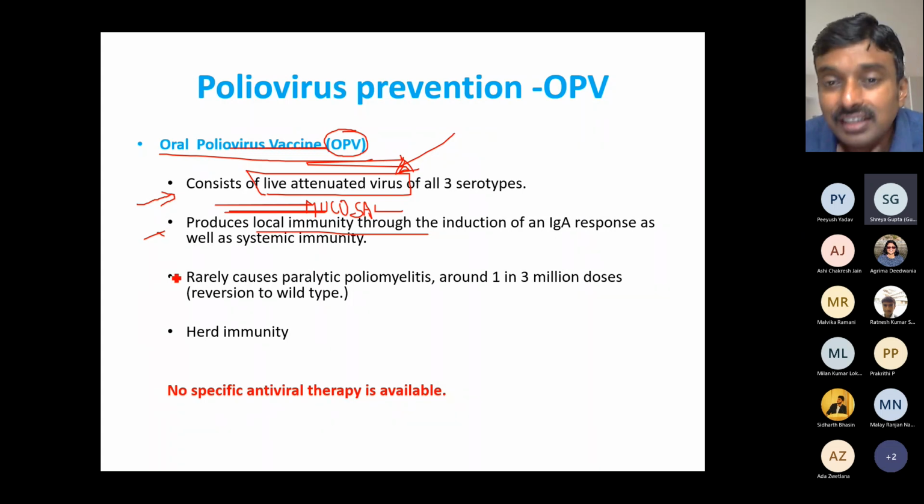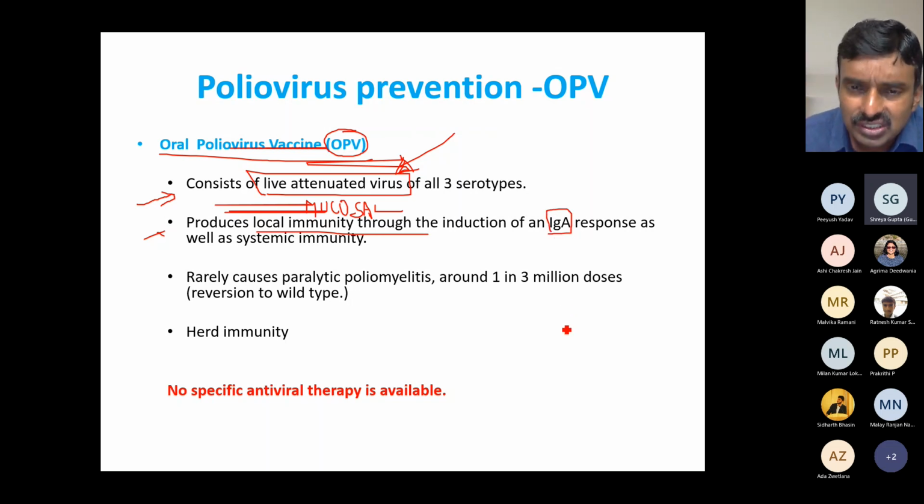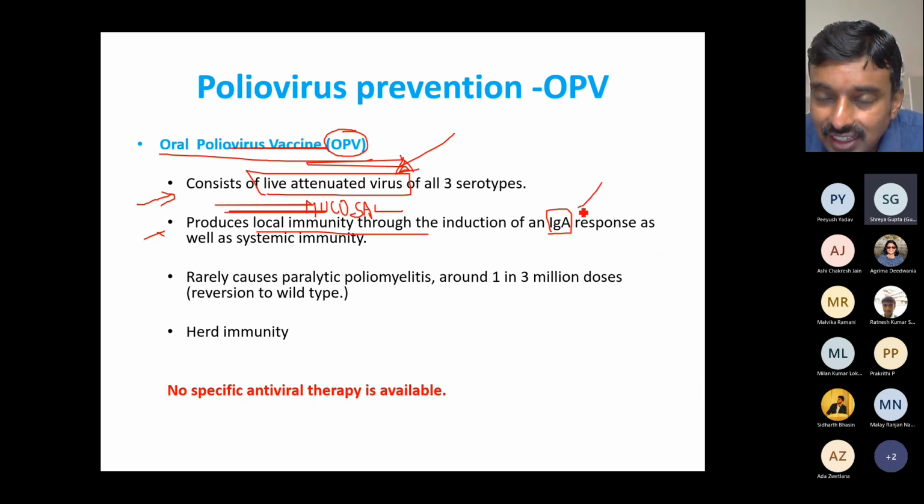So because it replicates in your throat and in your small intestine, it induces what we refer to as the mucosal antibody or the IgA response, which is typically primarily important for all the moist linings within your body. This is the best response that can help you.